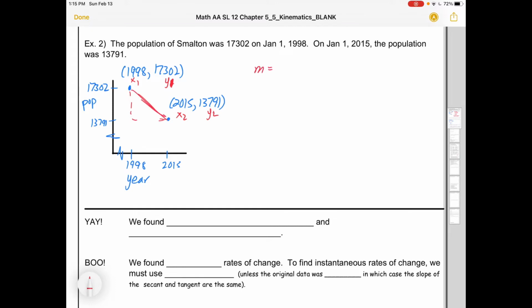So slope is going to be y2 minus y1 all over x2 minus x1. And if you'd switch the definitions of what's x1 and x2, you'd have no issue. You'd get the same answer. So I can work that out, and it'll be negative 3,511 over 17, or roughly about negative 207.